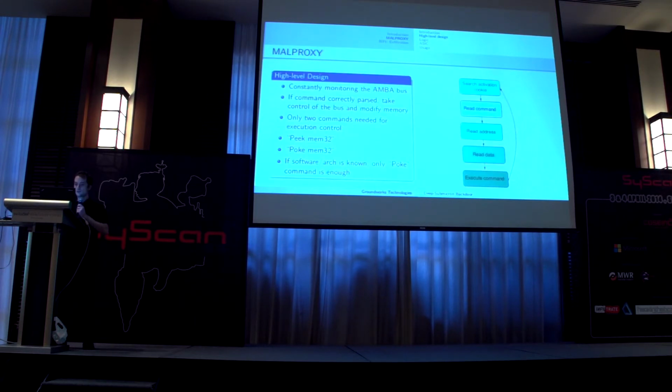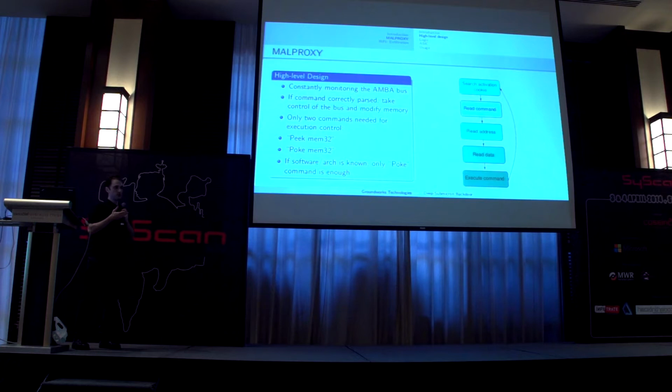This is the high-level design. It's a very simple state machine. It's very small and very linear. You read the command, read the address and data, and execute. Then you see how I put this data on the bus. You can place this data on the bus in a lot of different ways. For example, you can send a ping to the machine.